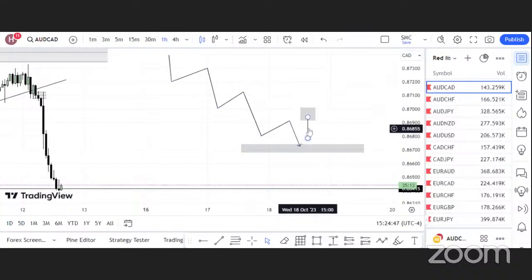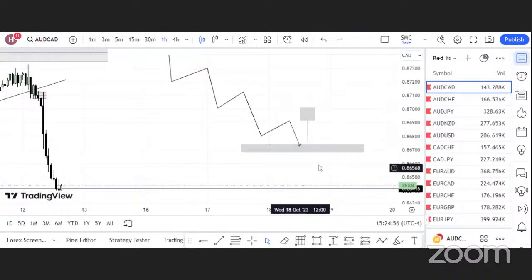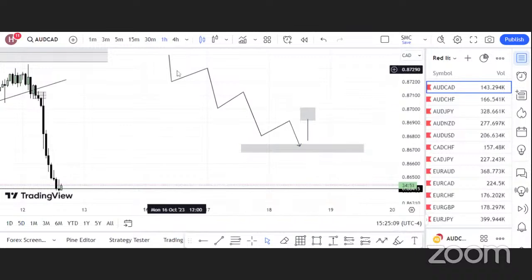You see the candle, the wick of the candle is very long. That is the stick. So we call this rejection candle. So when the market is here, we are expecting to see a candle formation this way, to give us the confirmation that the market is going to start buying.